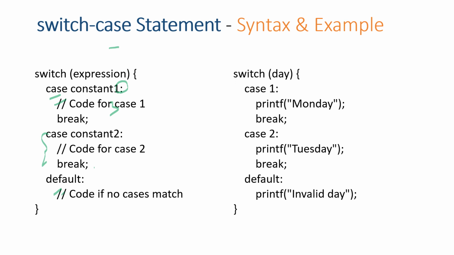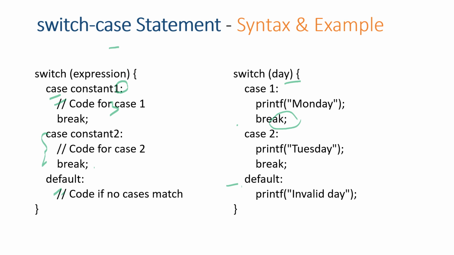And here you can see the example of this switch statement. In general, the expression here is given as day, and we have the different case options like 1, 2, and then the default as the last option. If it is case 1, print Monday, and here it uses the jump statement break, and it comes out of the switch.